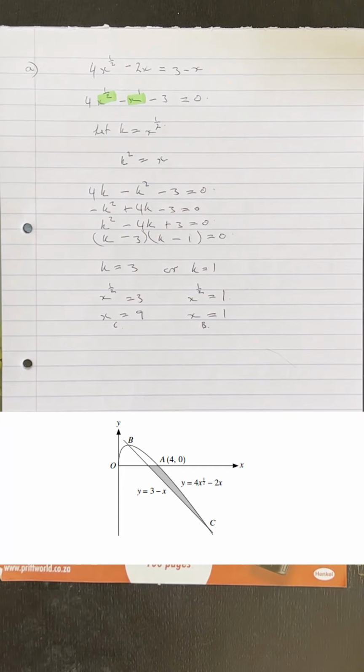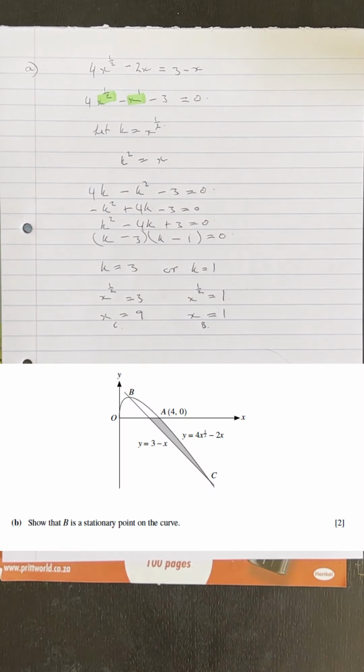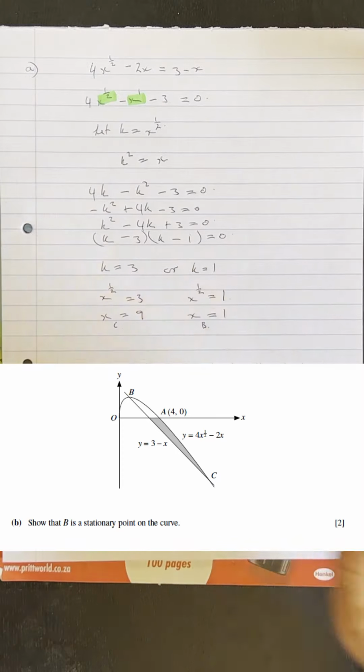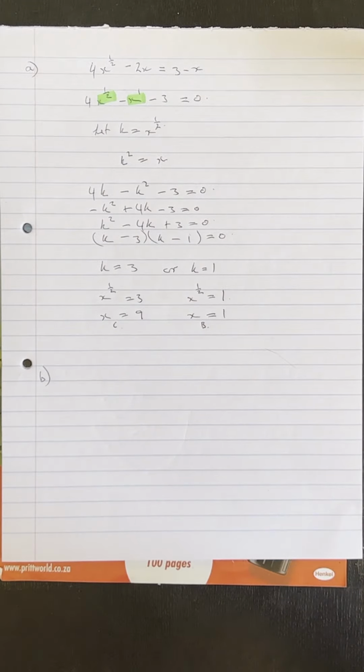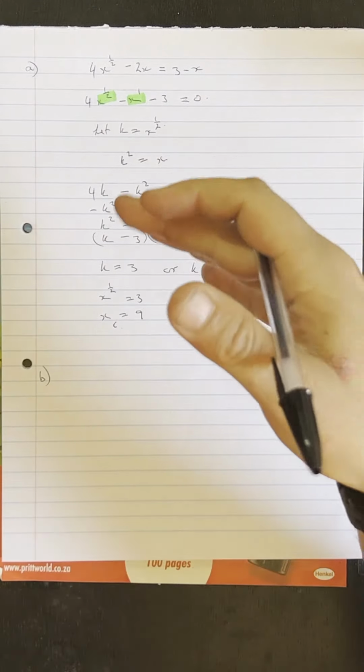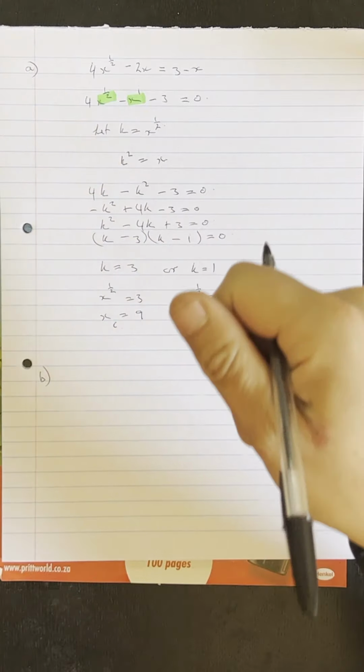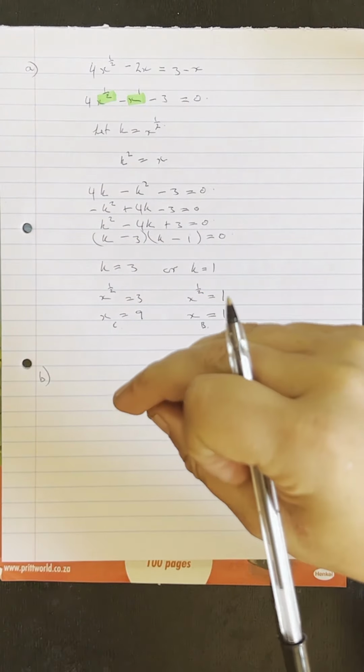All right, question B, show that B is the stationary point on the curve. So we need to show that B is the stationary point. In order to do that, I know for any stationary point, my gradient is 0.